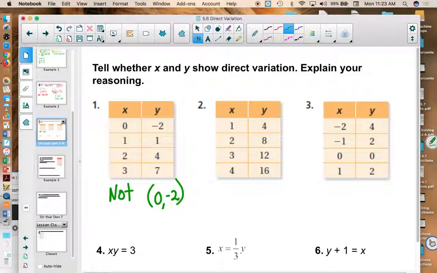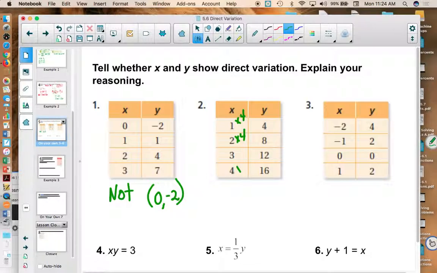You going to graph it? You could. You're going to see if there's a constant of proportionality? How do I go from 1 to 4? Times 4? That's what I heard. If that's true, then I should be able to take the next number and multiply it by 4. Is 2 times 4 going to give me 8? Yeah.